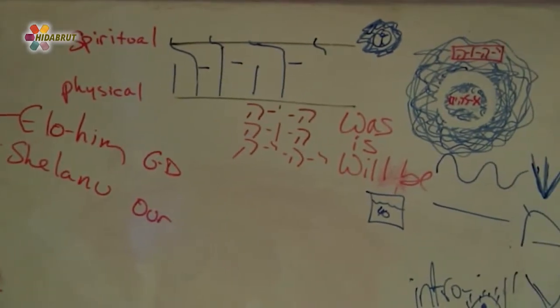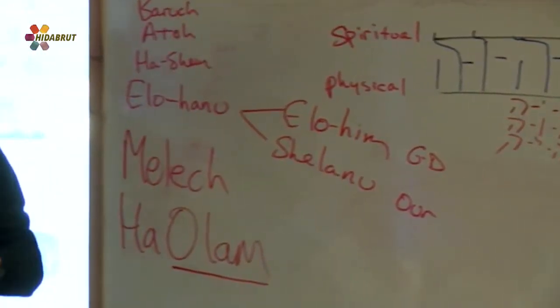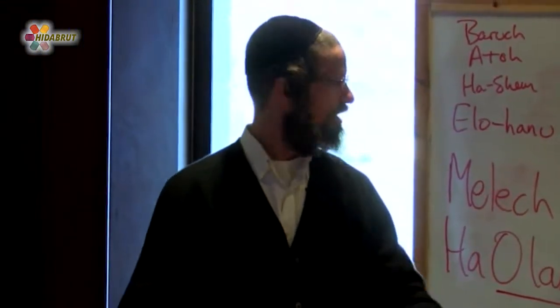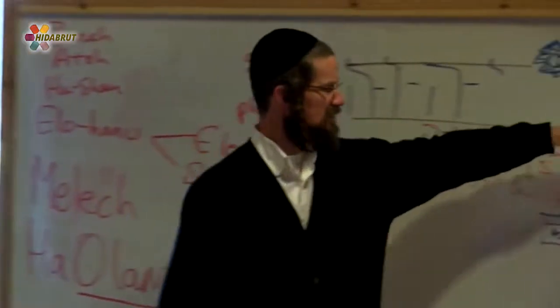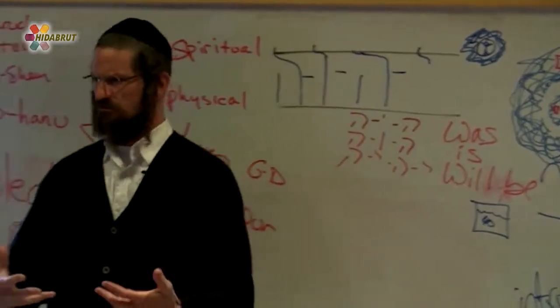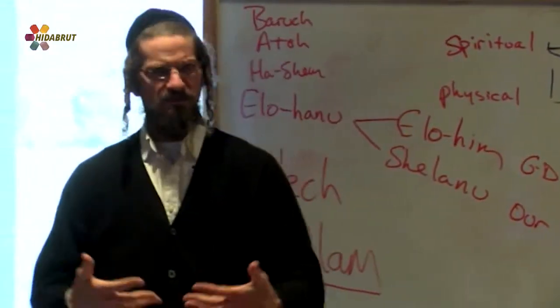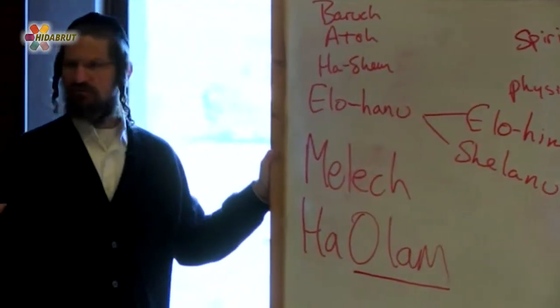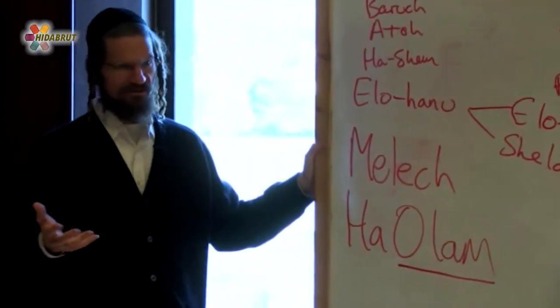Elokenu is Elokim Shelanu, or is immanent inside of everything. God is within all of creation. That's the Elokus, it's called Shema also. I didn't mention that, but it's called Shema, how God's inside creation. Melech, who's the king, and we all have free will to connect or disconnect.